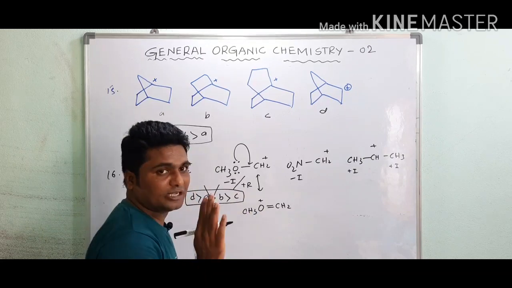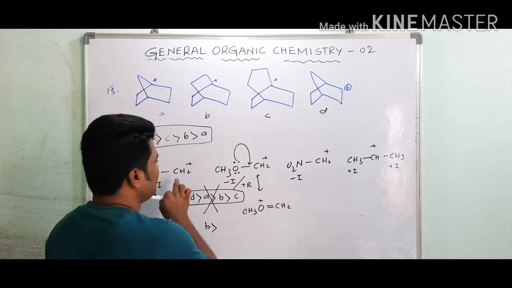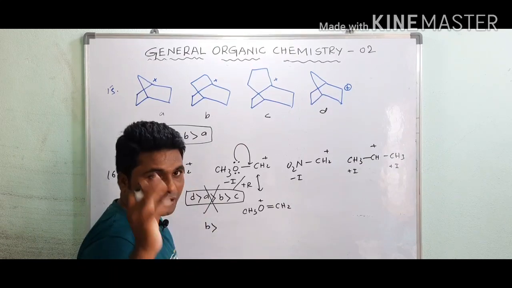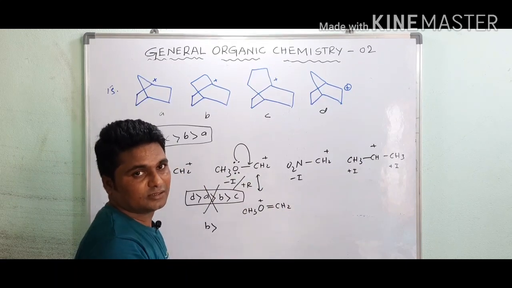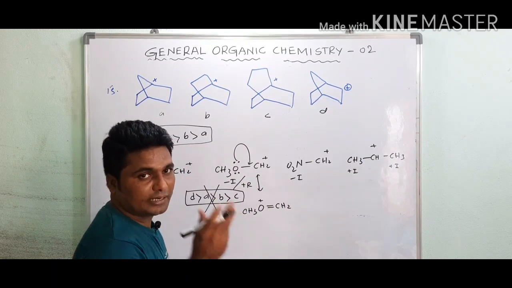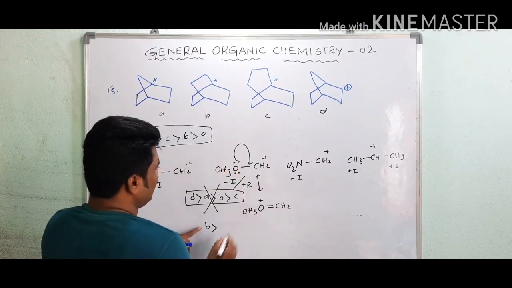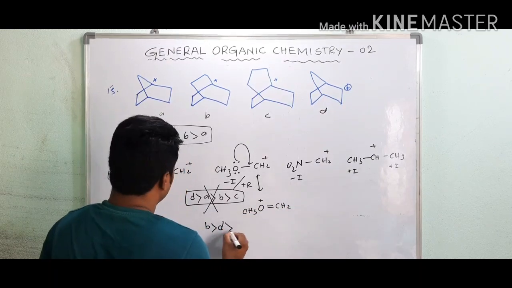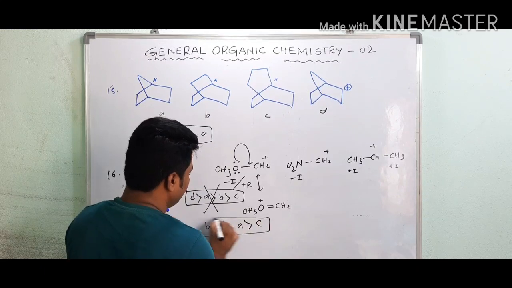Whenever a lone pair is present adjacent to a carbocation, you have to see the resonance. Remember this example also. Whatever doubt you have in your mind will be cleared in further lectures, when I explain resonance and hyperconjugation. For the timing, just remember this one also. So B first, then after that D will come, then A, yes, this is highly unstable. C, this is the right answer.